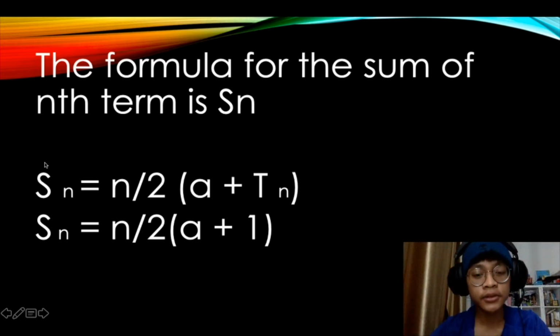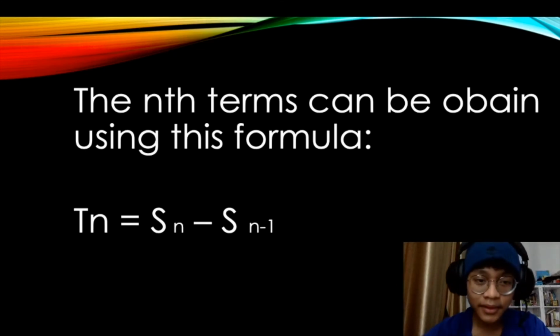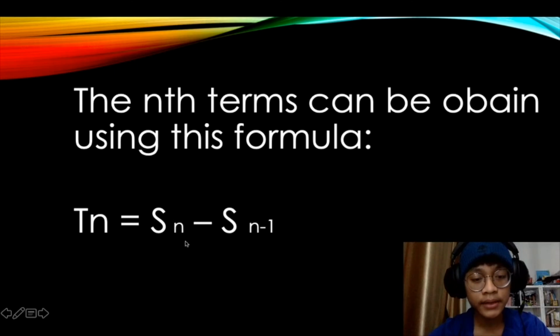That means from the first row until that row combined is the S. So the formula is Sn equals n over 2 times A plus Tn, or Sn equals n over 2 times 2A plus n minus 1 times D. Okay, the nth term can be obtained using the formula Tn equals Sn minus Sn minus 1. Okay, you want to know the nth term.